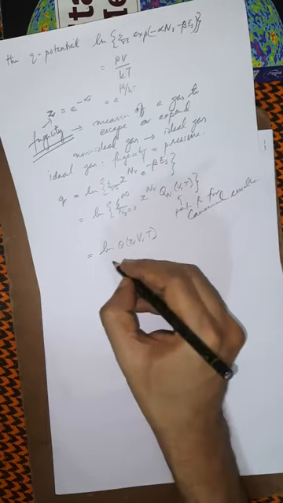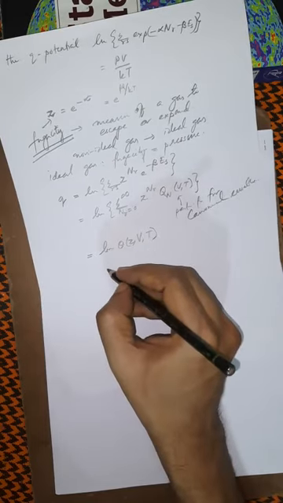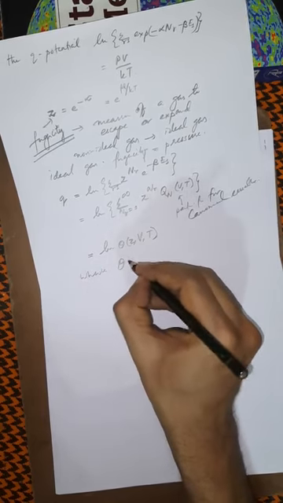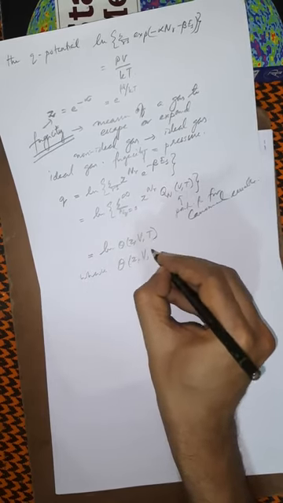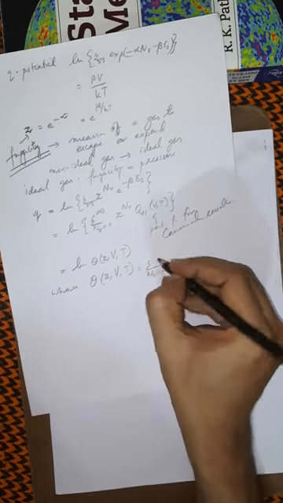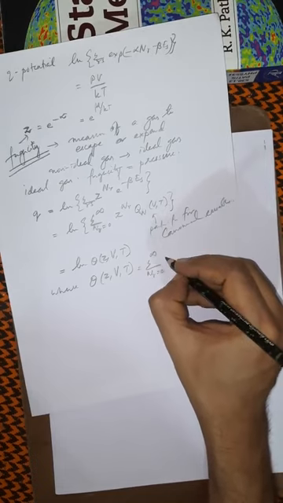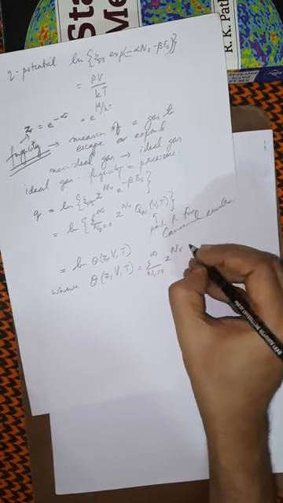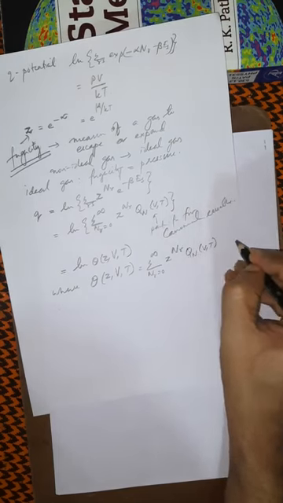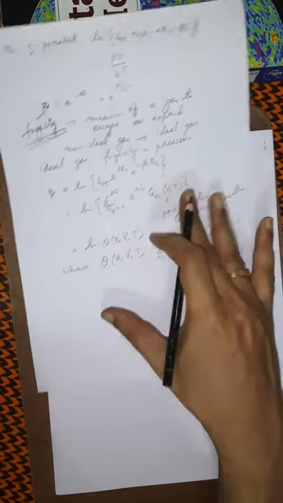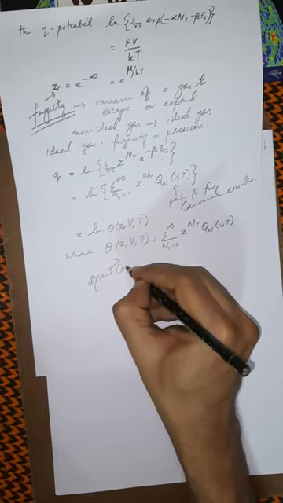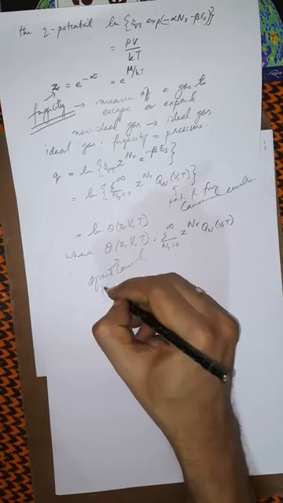So what is theta z v t? It is the sum over nr equal to 0 to infinity of z raised to nr Q n v t. And this theta is, as I told you, the grand canonical partition function.